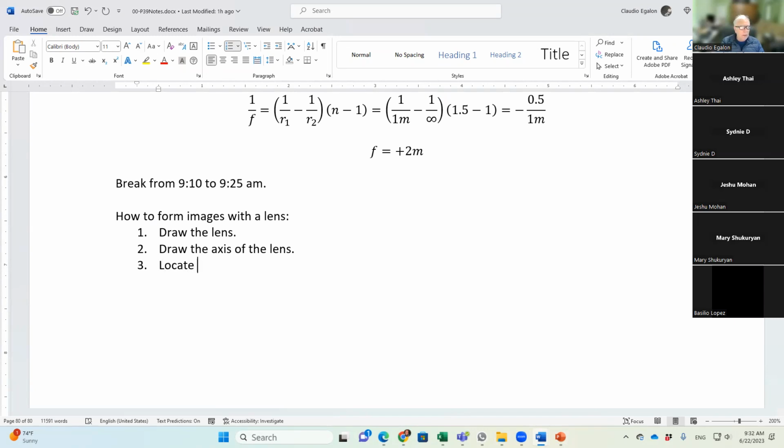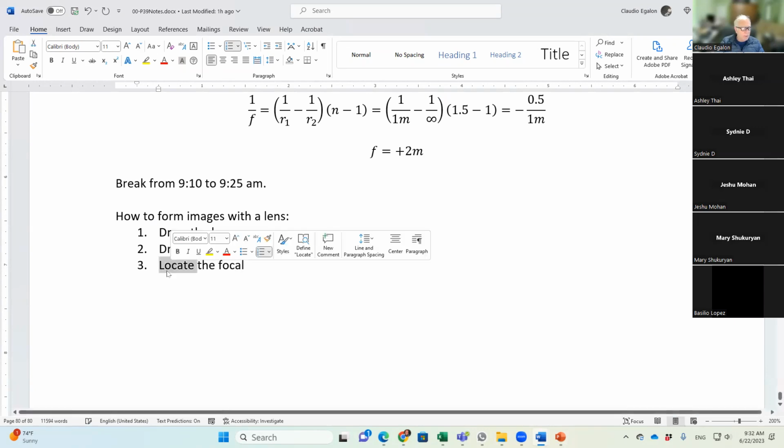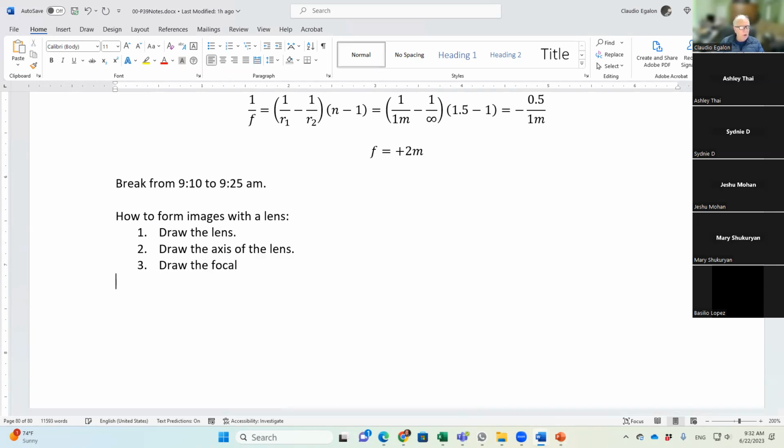Draw the focal point F along the axis and its mirror image F prime.